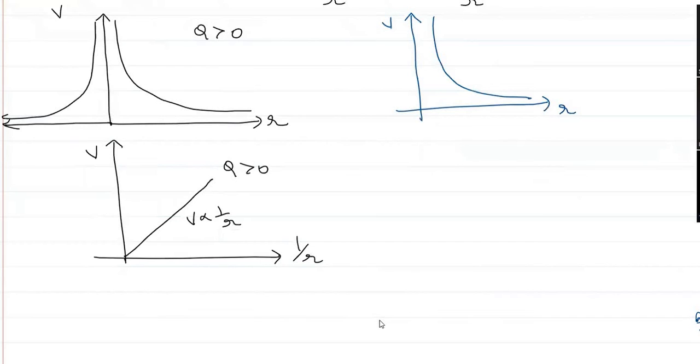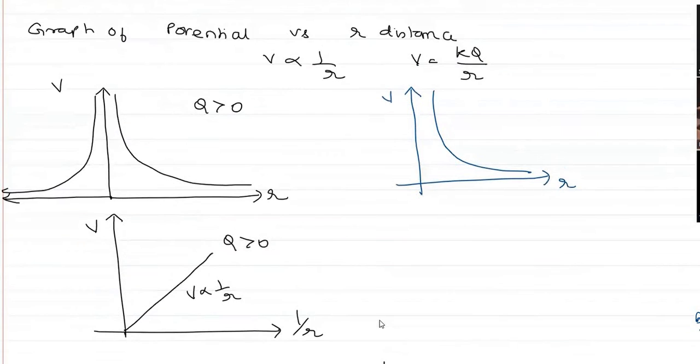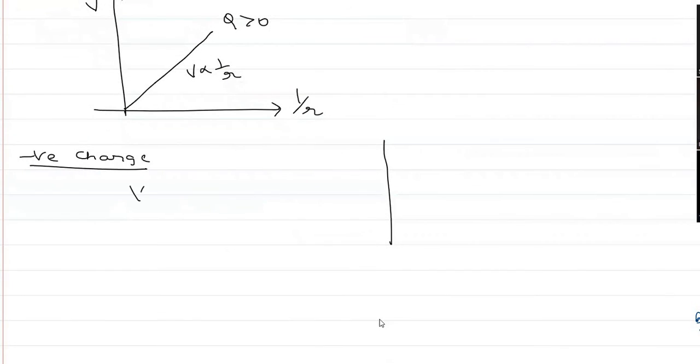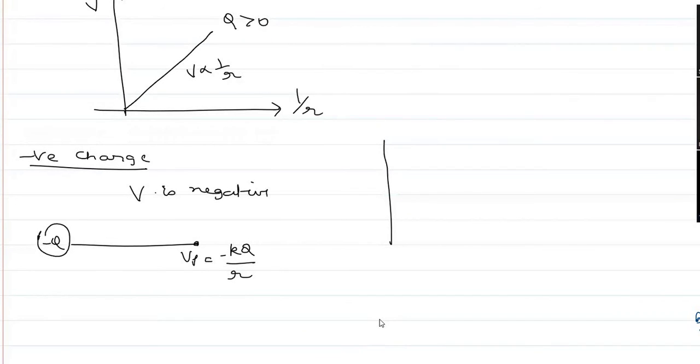Now for negative charge, how will you draw that? Since V is negative for negative charge, correct? If you take minus Q, then Vp will be equal to minus KQ by r. So V is negative for negative charge. Which quadrant will it come in? The negative y-axis, the fourth quadrant, you have to draw. This is minus V, this is r. It will be like this.